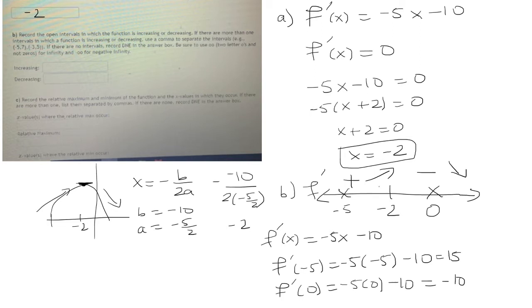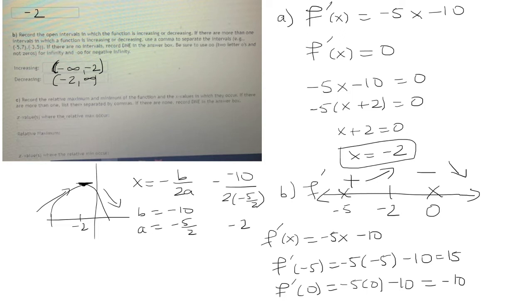So to the left of negative 2, it's increasing. So we'll just say from negative infinity to negative 2. You have to be careful to say that you do not want to include any of the endpoints because the derivative at negative 2 is 0. And then from the right of negative 2, we see the derivative is negative. So again, do not include negative 2 and go from negative 2 to infinity.